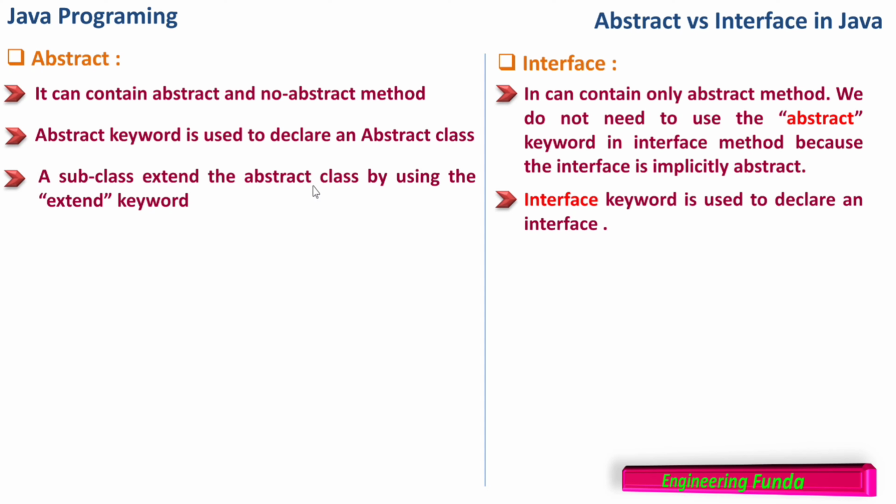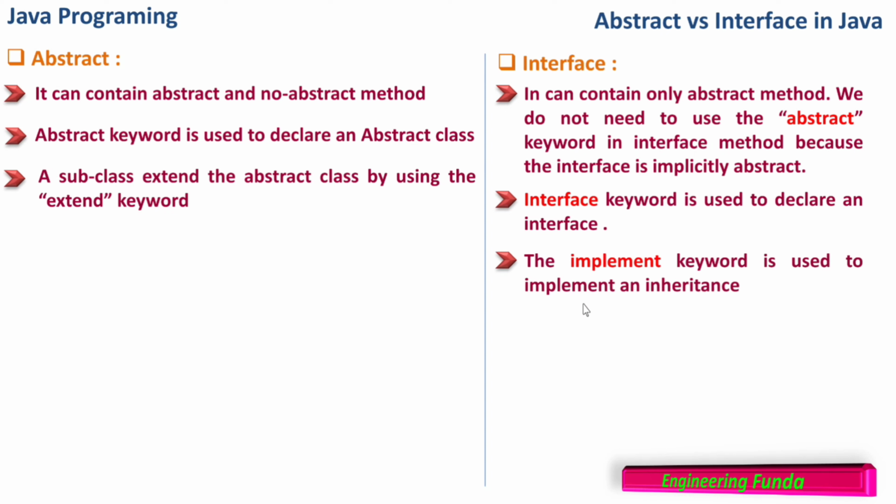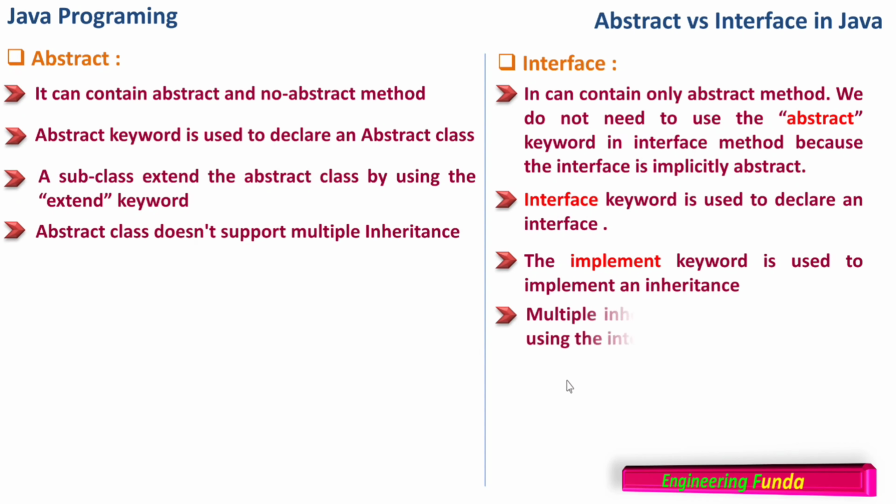A subclass extends the abstract class by using the extends keyword. Since an abstract class is a class, if you want to extend it into another class, we have to use the keyword extends. While in the case of interface, the implements keyword is used to implement an interface into a class. Abstract class does not support multiple inheritance, while multiple inheritance is achieved in Java using the interface.